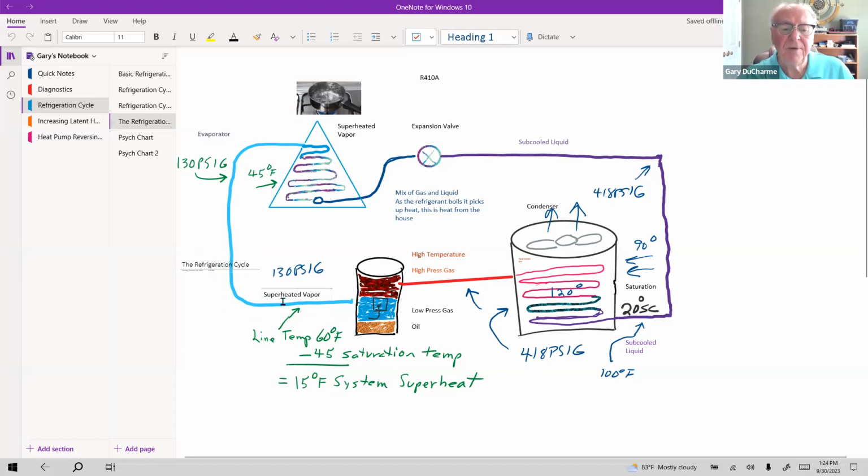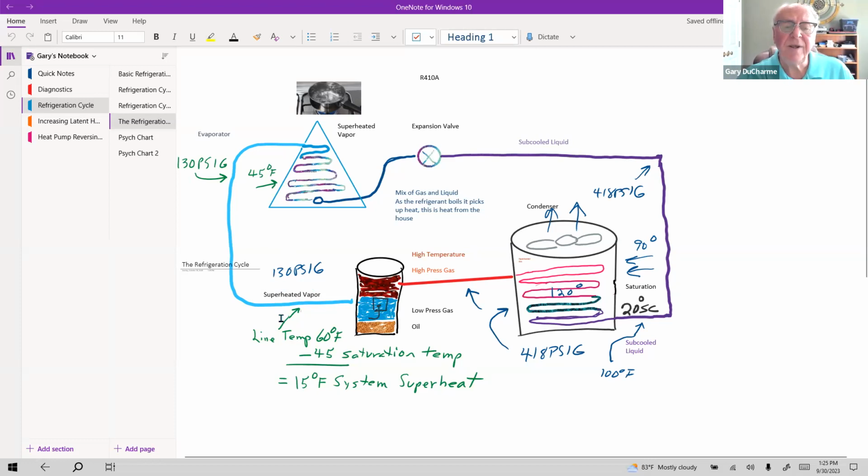So if it is above its temperature at that pressure, just like the water boiling is above the temperature of the pressure of 14.7, it's above 212 degrees up here. It's still 212 inside the evaporator or the pan, but it's above its saturated pressure or temperature.